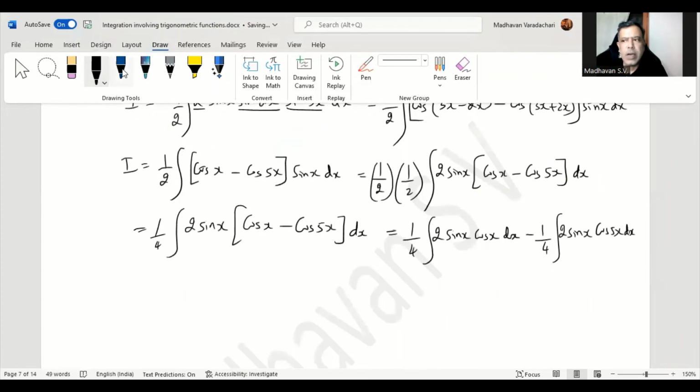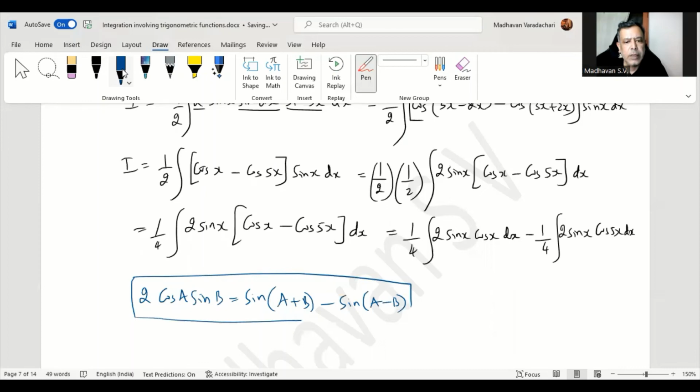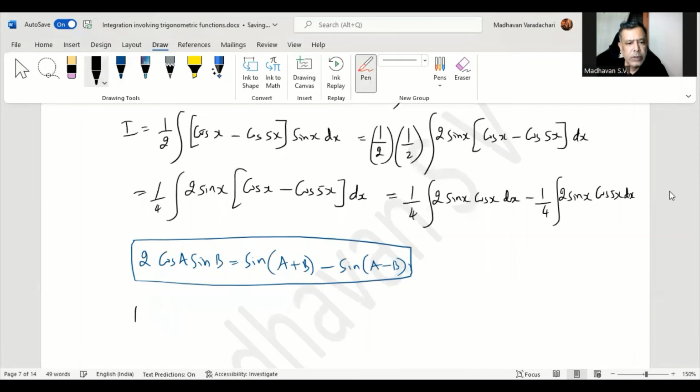Now we will use another trigonometric identity, which is 2 times cos A sin B is equal to sin of A plus B minus sin of A minus B. To use this particular identity, our integral will become 1 by 4, which is common, we'll keep it outside.